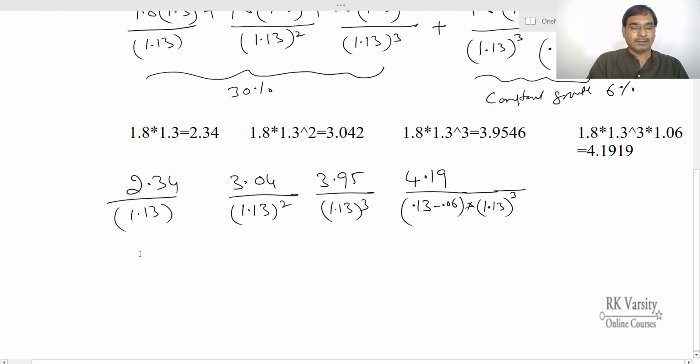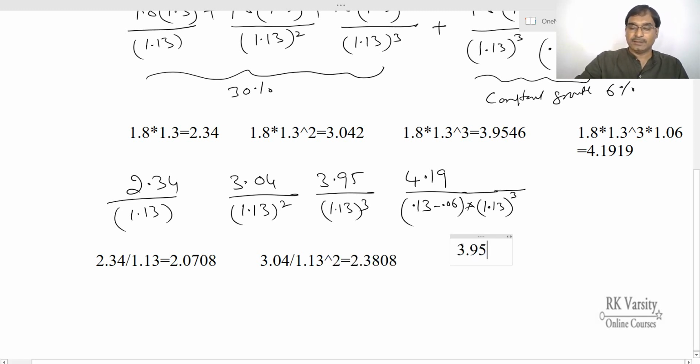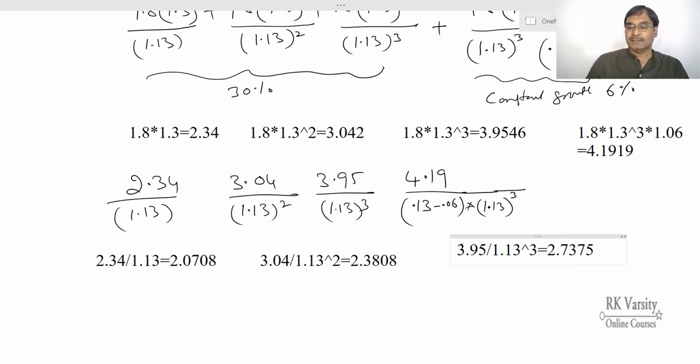you are going to get this rate. So this equals 2.34 divided by 1.13, then 3.04 divided by 1.13 raised to the power of 2, then 3.95 divided by 1.13 raised to the power of 3, so 2.74.